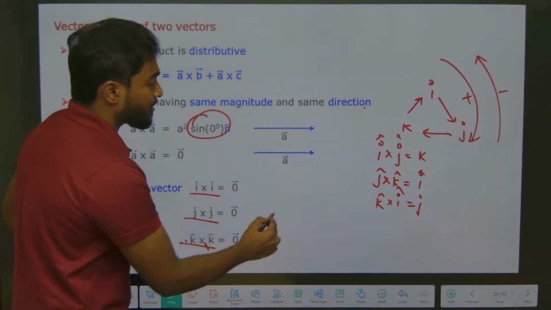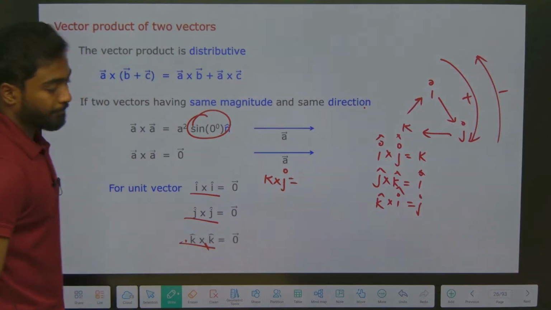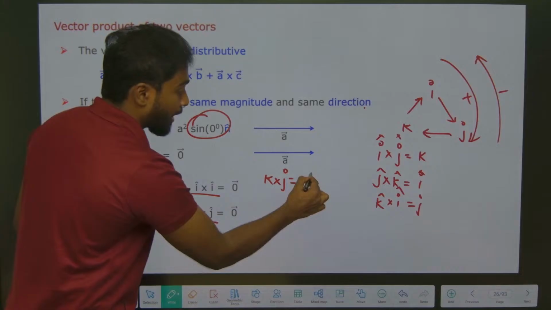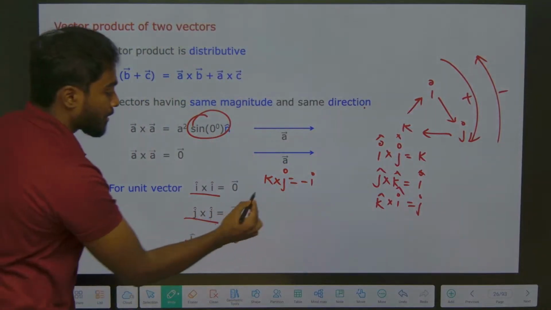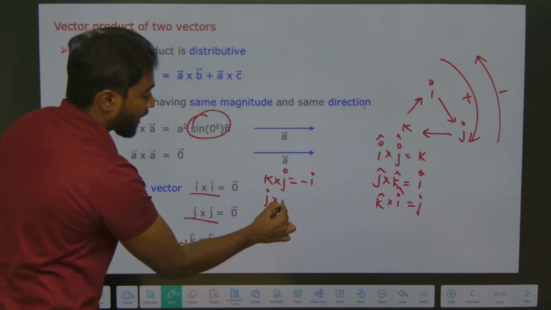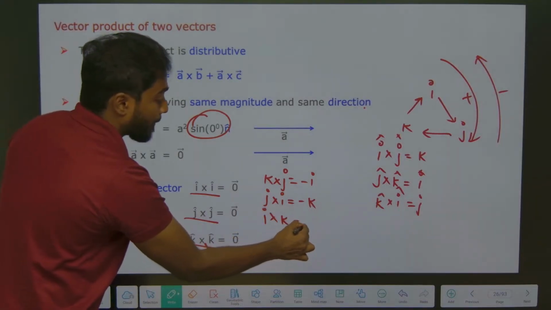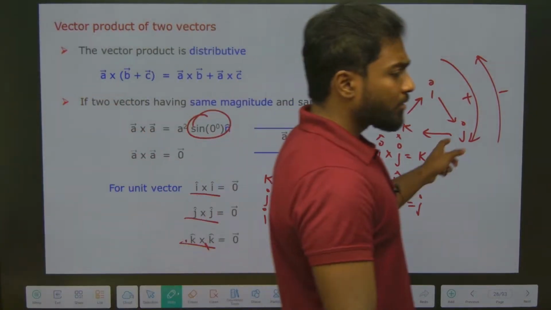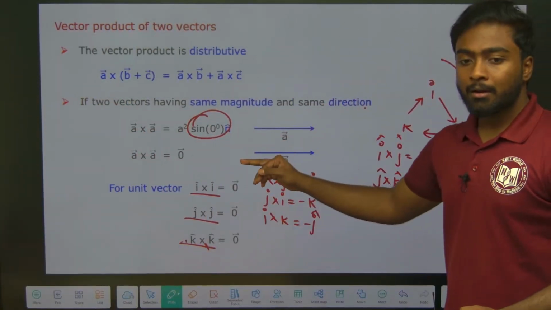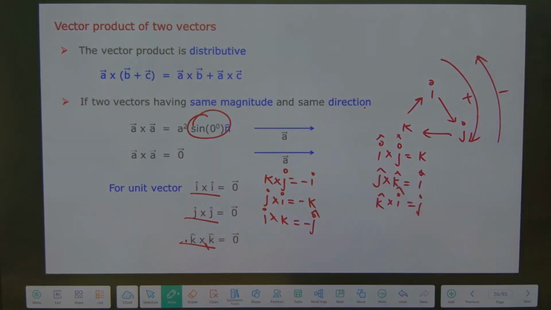So K cross J will be minus I, since going from K to J the result is minus I. Then J cross I will be minus K, and I cross K will be minus J. This is because the angle between them is 90 degrees, and sin 90 is 1. Take a note of this.